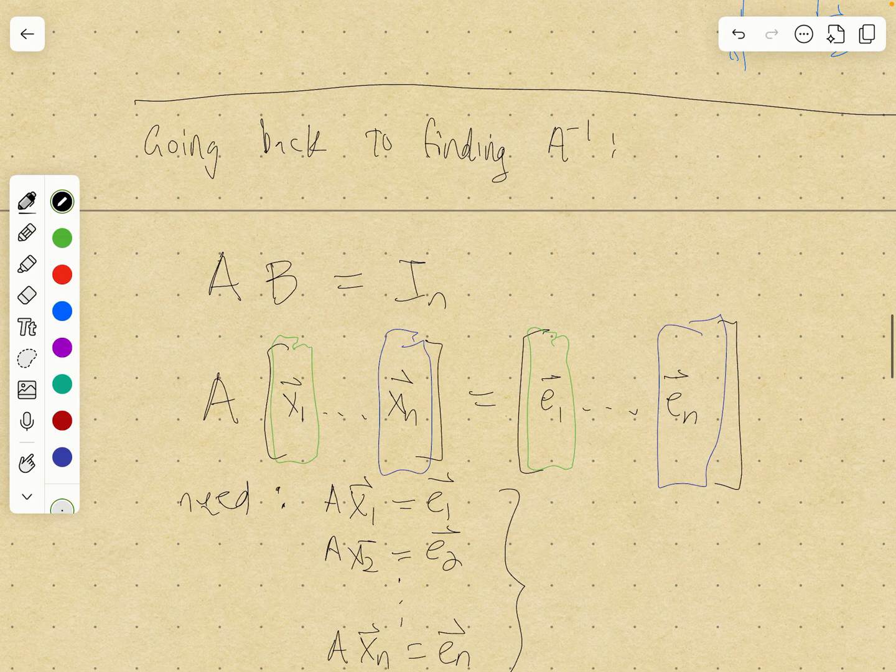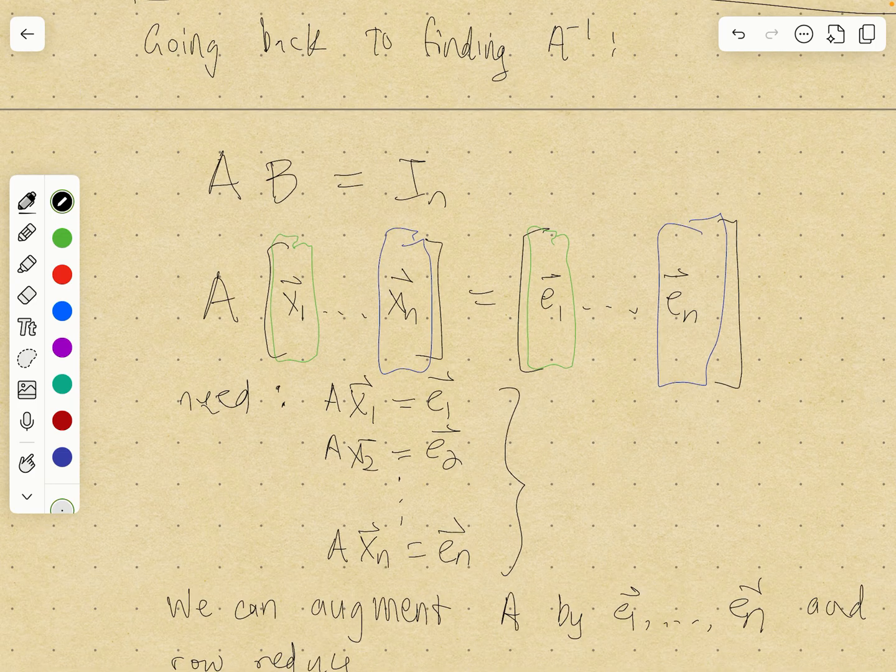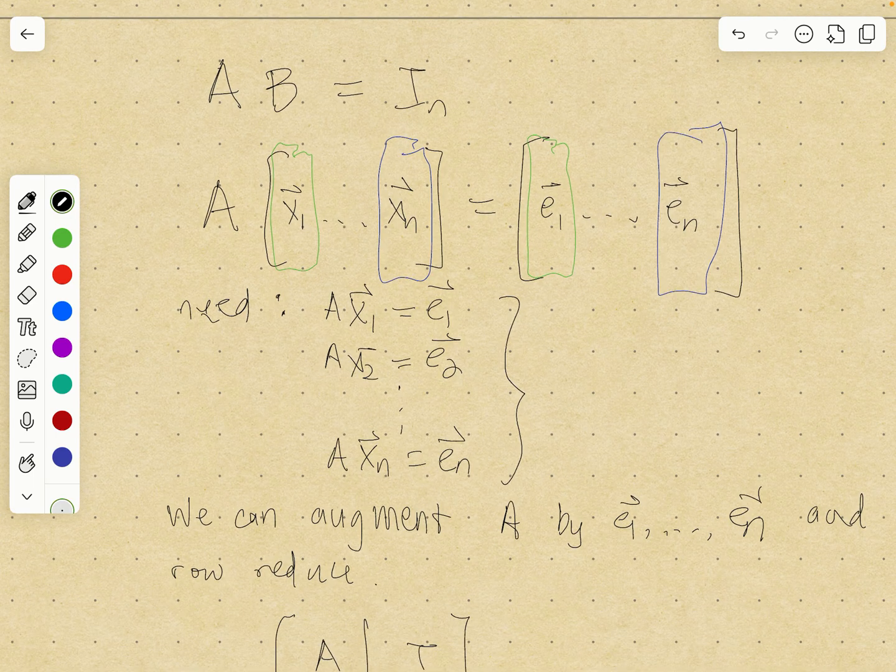And then going back to the problem of the inverse, this issue of finding a B such that A times B is the n by n identity matrix is an example of what we talked about before, where your b1 is e1 and your b2 is e2, up to bn equals en.